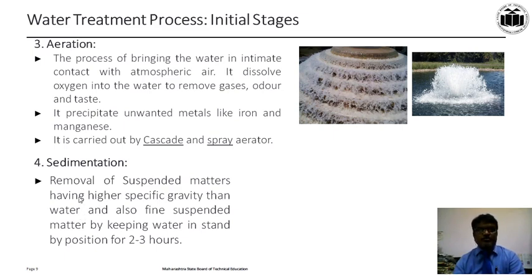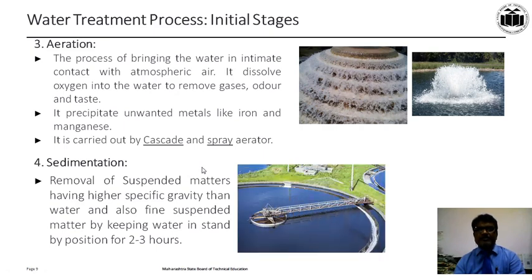This process is called sedimentation. For the sedimentation process, the water is kept at a stagnant position for a period of 2 to 3 hours in the unit, and that unit is called a sedimentation tank. In this manner, we can remove the suspended matter which is heavier than the water under the gravitational force.